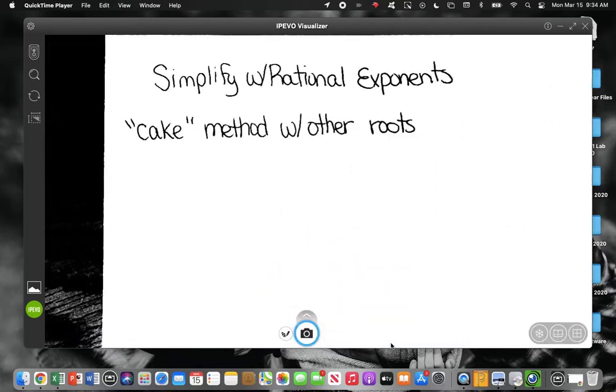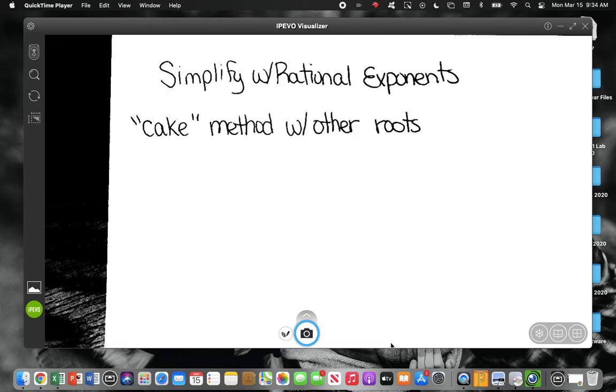So we can use the cake method with other roots. If you know one of these roots mentally, I'm totally okay with you just telling me what it is. But if you don't know, for example, the 5th root of 32, there is a way to find that.